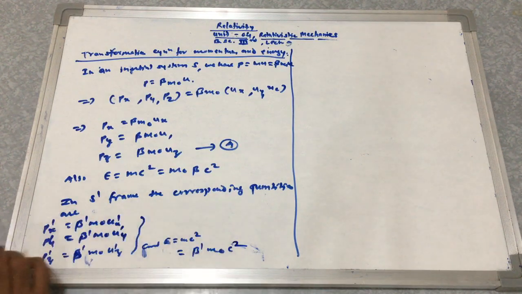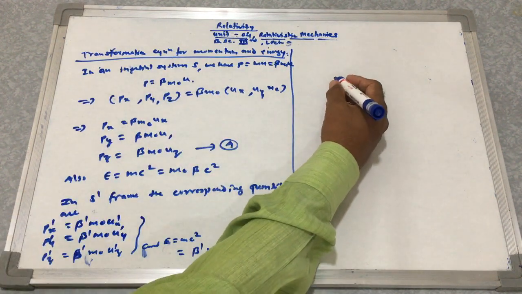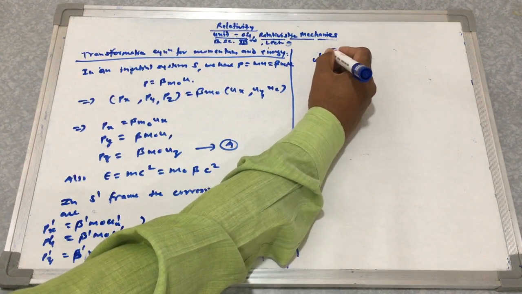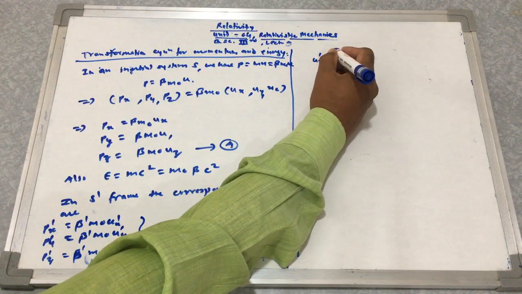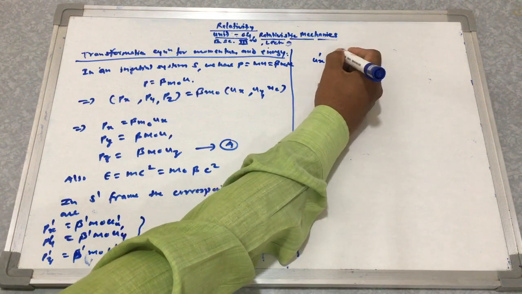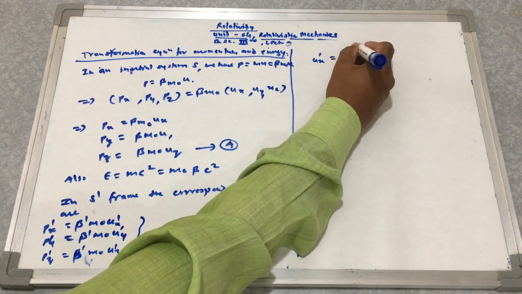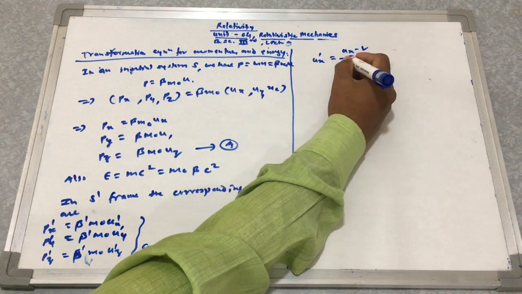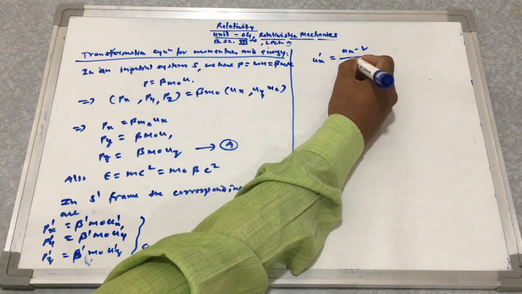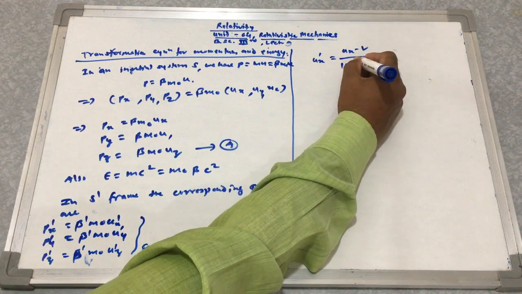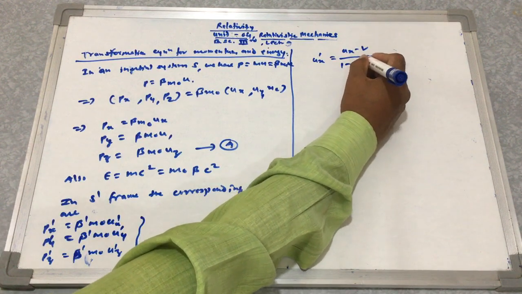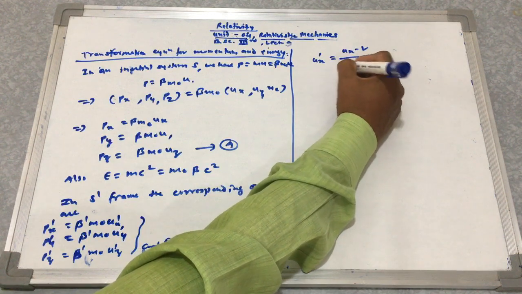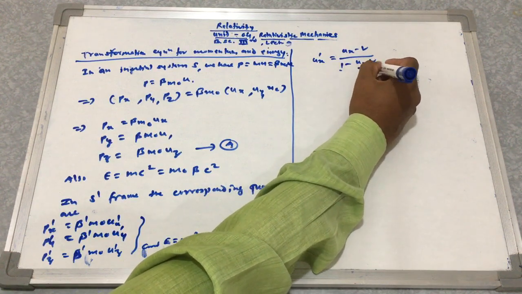So all this taken together, we have to write ux dash is equal to (ux minus v) upon (1 minus ux v upon c square).